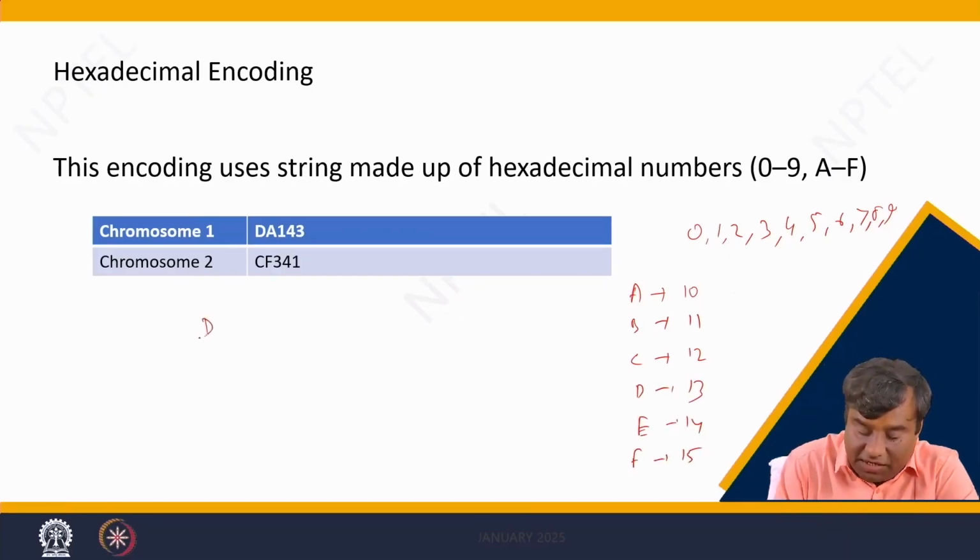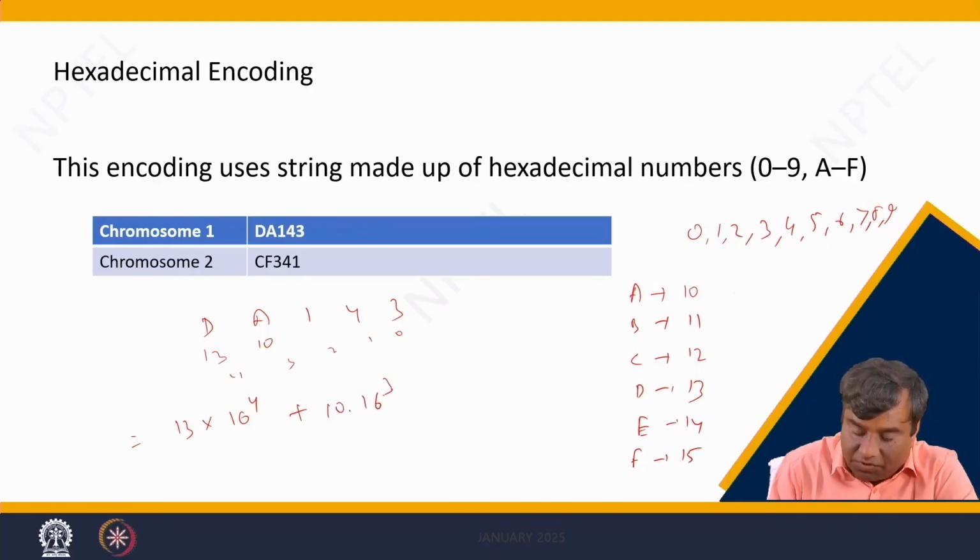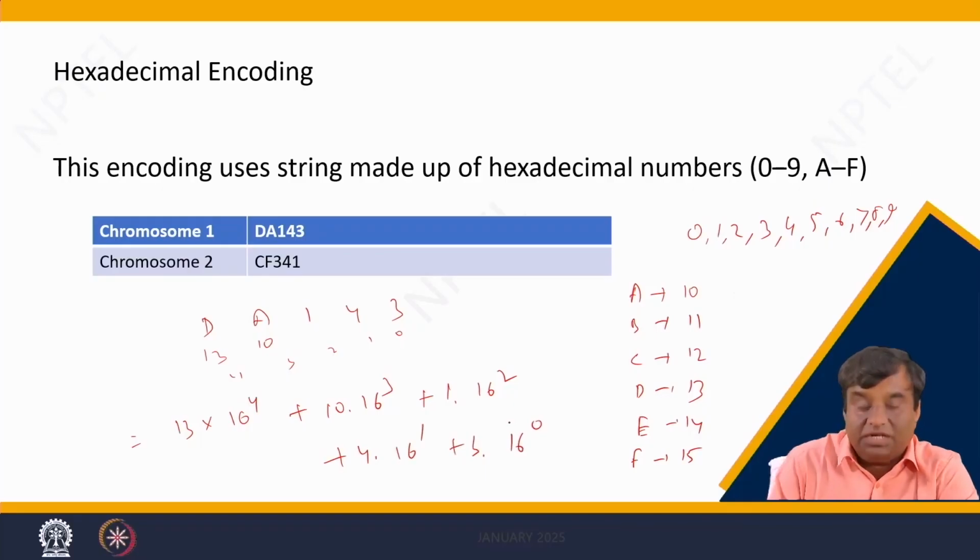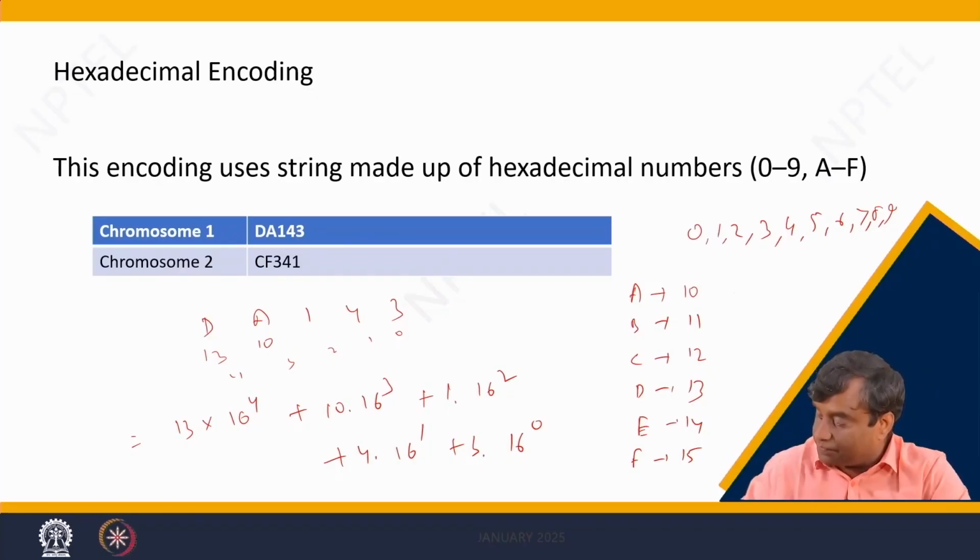So if the number is D, A, 1, 4, 3, that is 13 into 16 to the power 4 plus 10 into 16 to the power 3 plus 1 into 16 to the power 2 plus 4 into 16 to the power 1 plus 3 into 16 to the power 0. In this way we can decode the hexadecimal numbers.